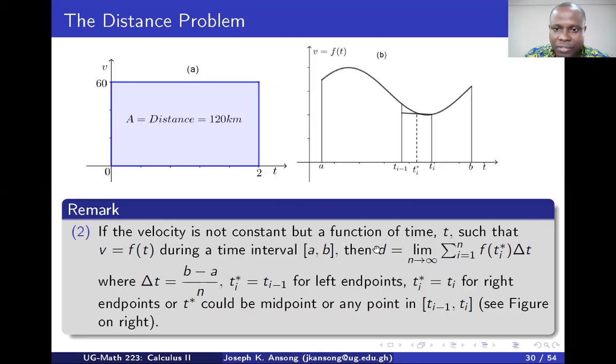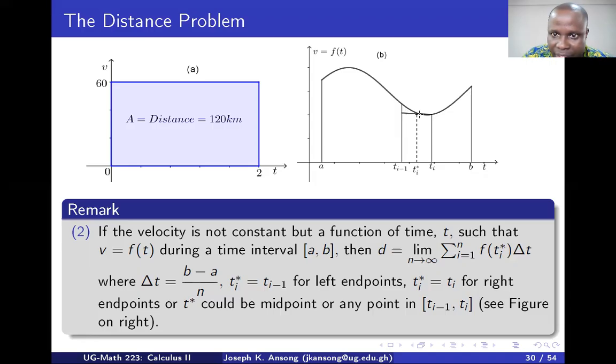If the velocity is not constant, but it's a function of time, the distance is just equal to the limit as n goes to infinity of this summation, all right? I'm sure you recognize this now. This is basically the Riemann sum. In other words, we are taking each rectangle. We know this is the velocity.